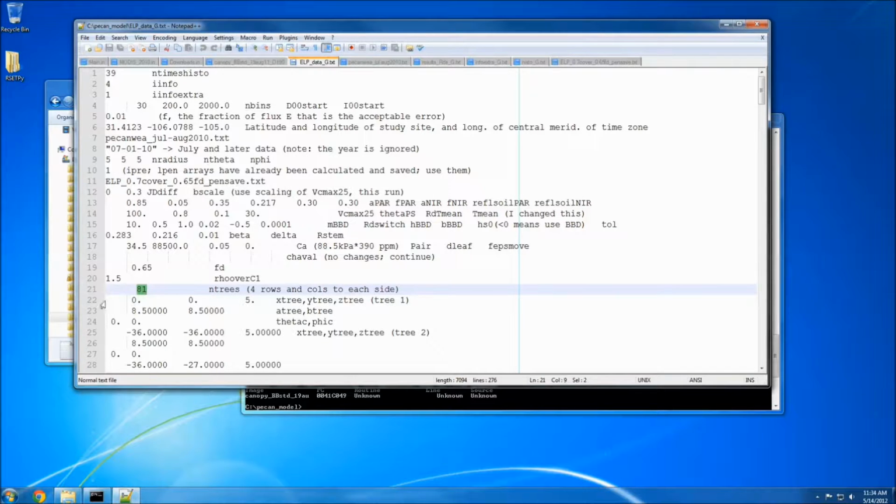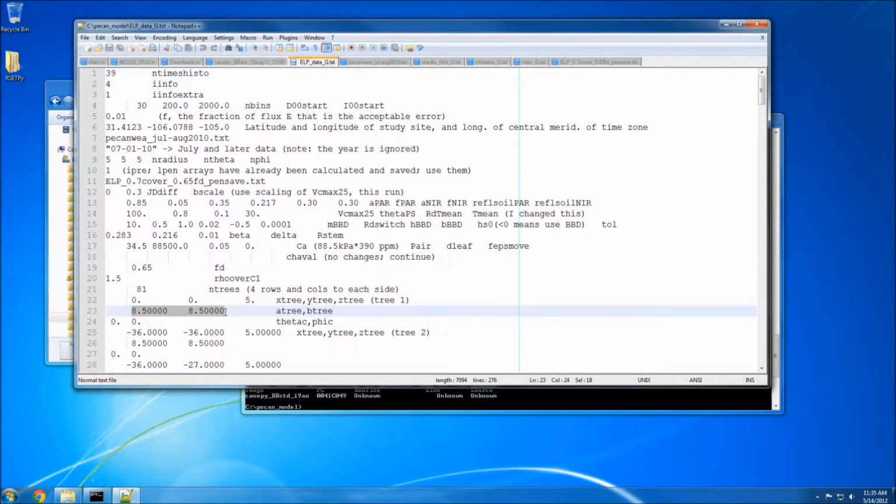First entry here, lines 22 through 24, describes that central tree. It's given coordinates as the origin, 0 in x, 0 in y, and the z direction indicates the height of the center of the crown above the ground, so it's 5 meters up. The 8.5 values represent the major and minor axis of the crown, represented as an ellipsoid of revolution.